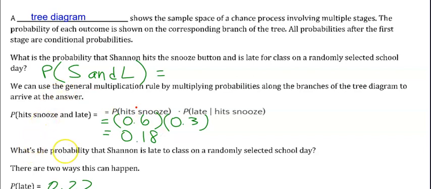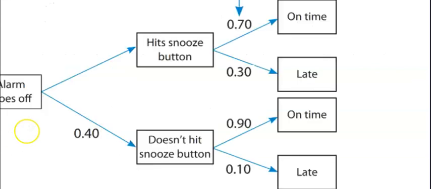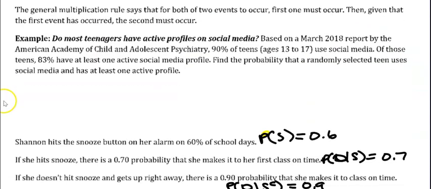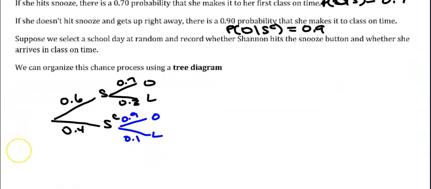Okay, so to find the probability that she is late, we have to include the probability of not hitting snooze. So let's take a look at how we came up with that value. So let's go to the tree that we made.